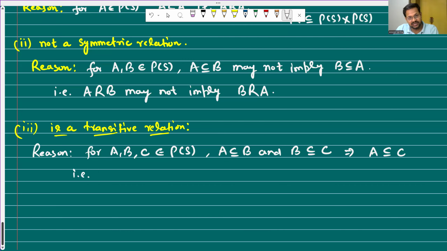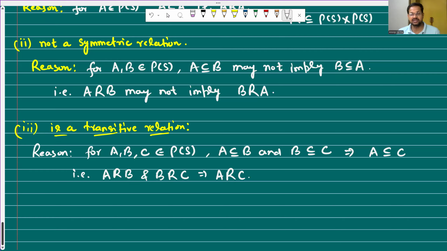So you can easily say that if A is related to B and B is related to C, then A is related to C. Okay, so we are taking the power set of S and taking members from PS. A relation from PS to PS is a subset of PS cross PS.